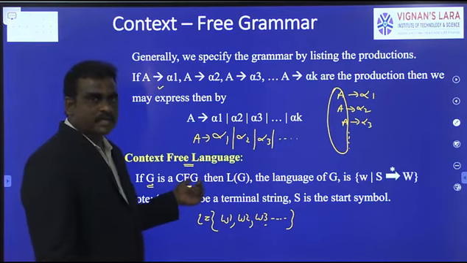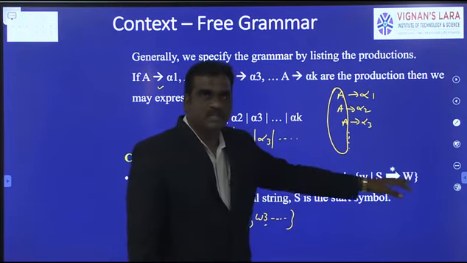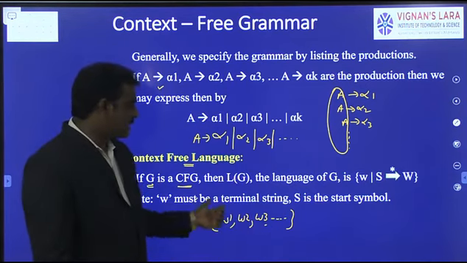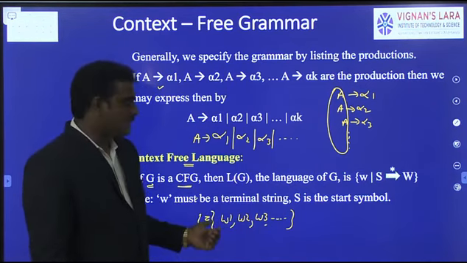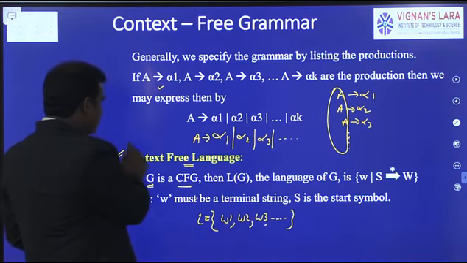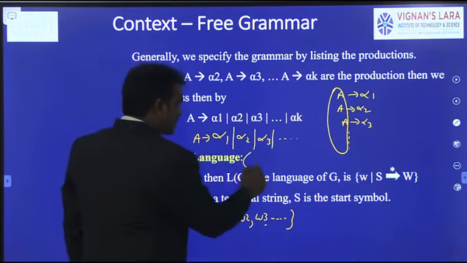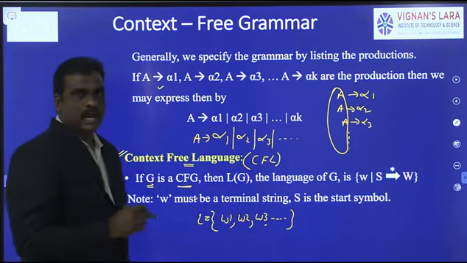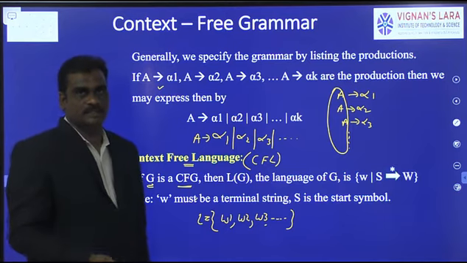By using this context-free grammar, we derived strings like W1, W2, W3. So this is a context-free language. The shortcut is CFL, and for context-free grammar, CFG.